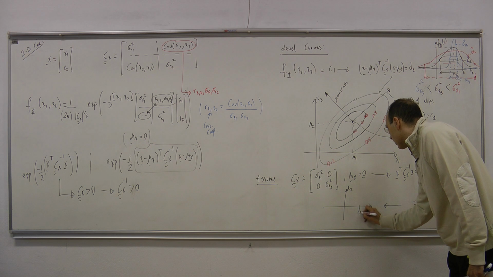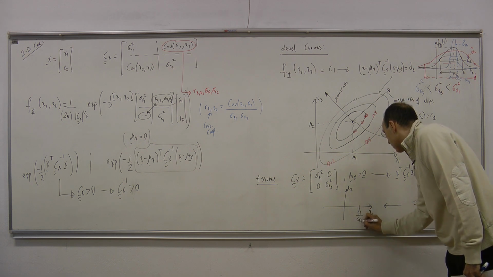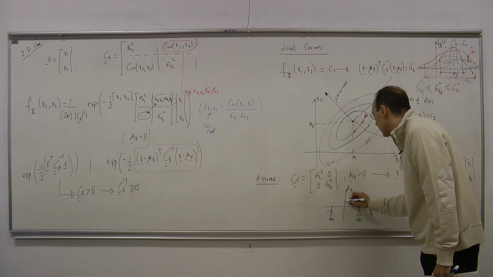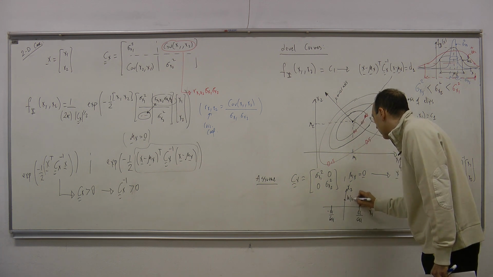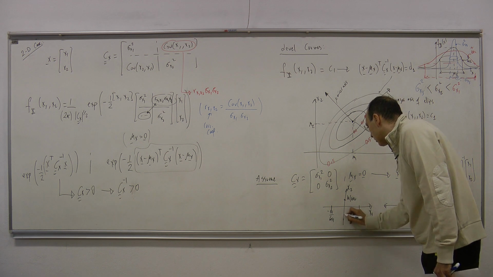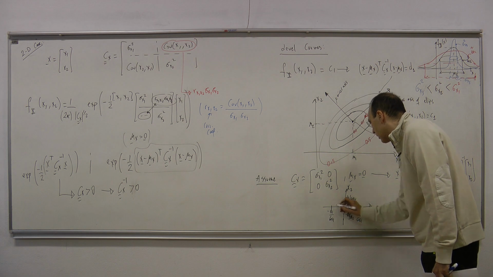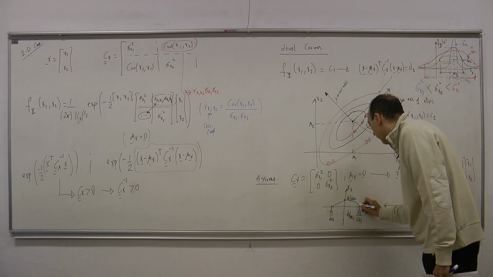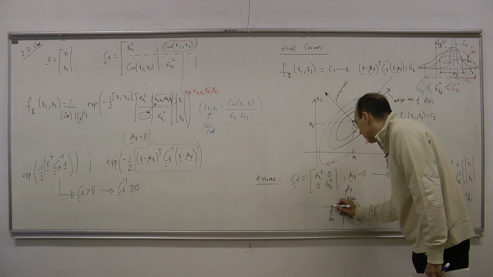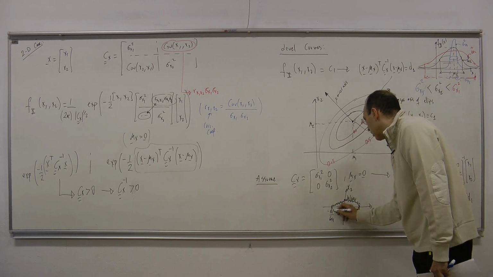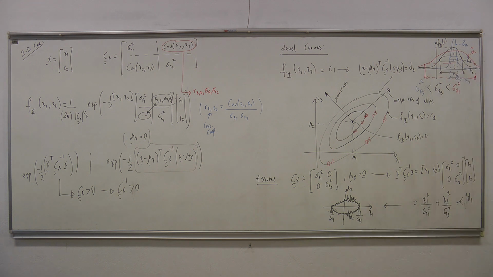Then I get an ellipse like this. So this is the equation of an ellipse, maybe you can recognize. Okay? So now I'm equating this to D1.